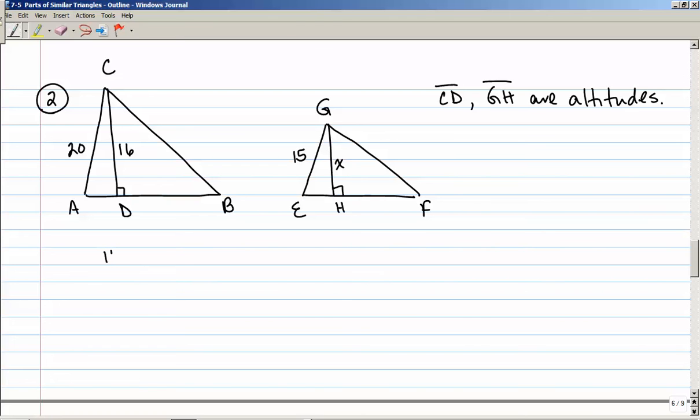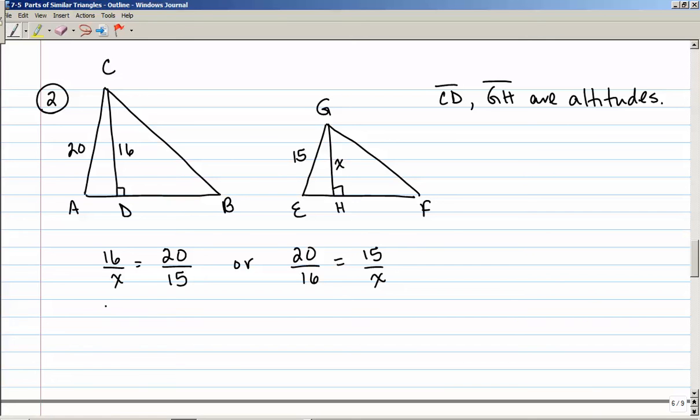So I can say 16 over x, so altitude over altitude equals 20 over 15. I could also say 20 over 16, so side over altitude has to equal side over altitude, and there are probably other ways I could say that too. Just make sure that what you're doing makes sense.